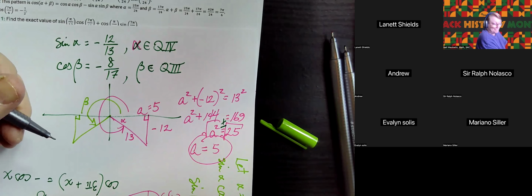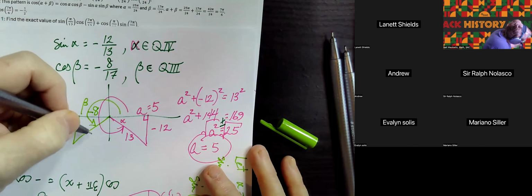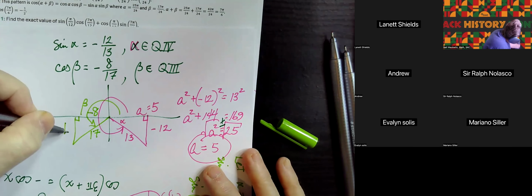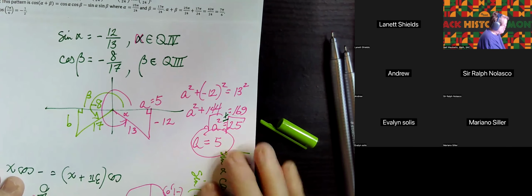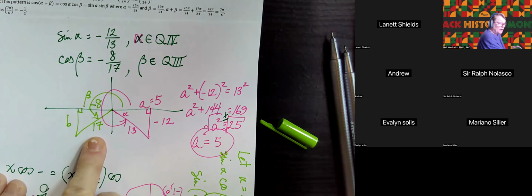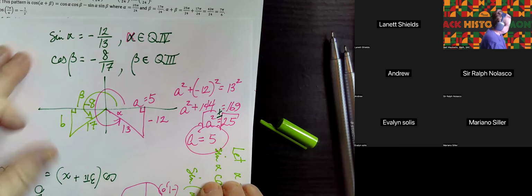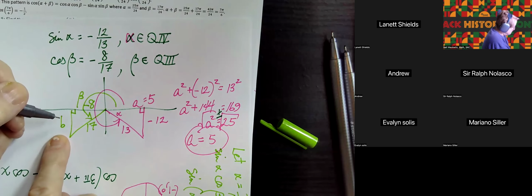Adjacent over hypotenuse. Very good. So we know -8, 17, and call this little b. How did I know that the negative went with the horizontal side and not the hypotenuse? Hypotenuse always stays positive. Very good.